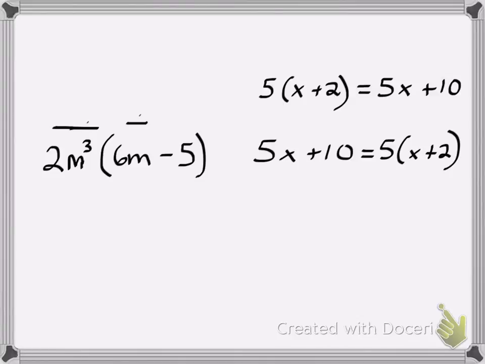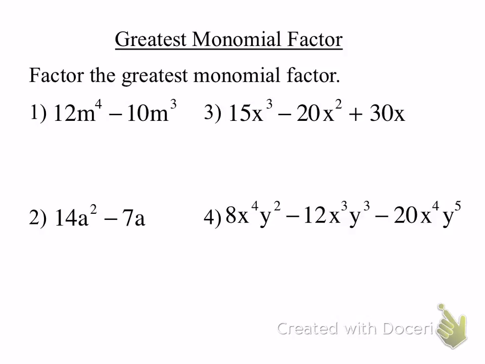So all factoring is the reverse of the distributive property. Does that make sense? All you're doing every time is pulling out the GCF and listing what's left. If you only write down 5 when I say factor, it'd be wrong, because whatever you're factoring should equal what you start with. Does 5 equal 5x plus 10? No. So you've got to factor completely. You've got to use the greatest common factor.